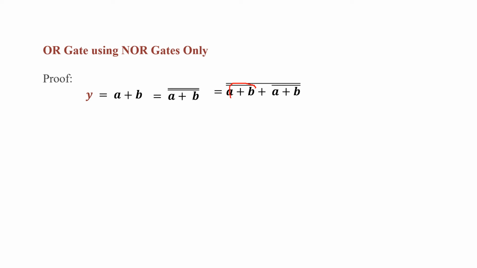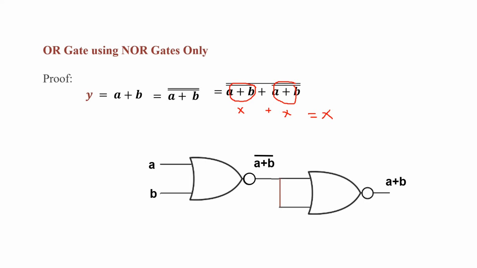You can think of this as x or x, right? Which is equal to x. So I didn't change anything yet. All I did is I rewrote it so that it looks like it is consisting of NOR gates only. Sketching this will give us two NOR gates connecting this way, and they're both acting as A or B, or as an OR gate.